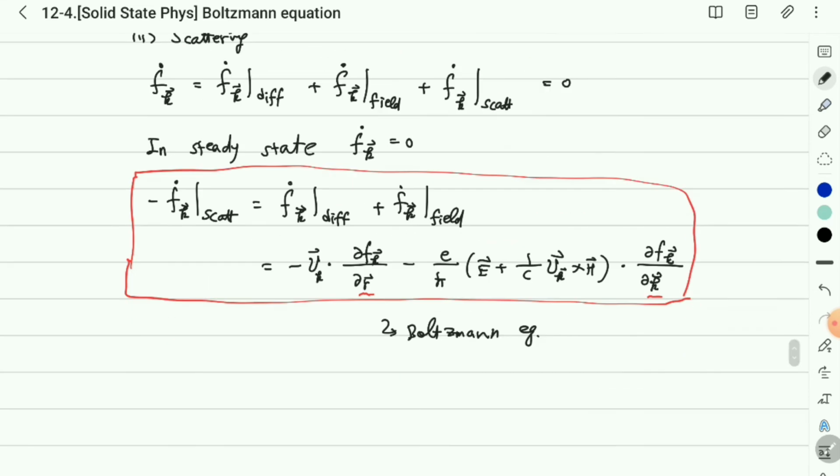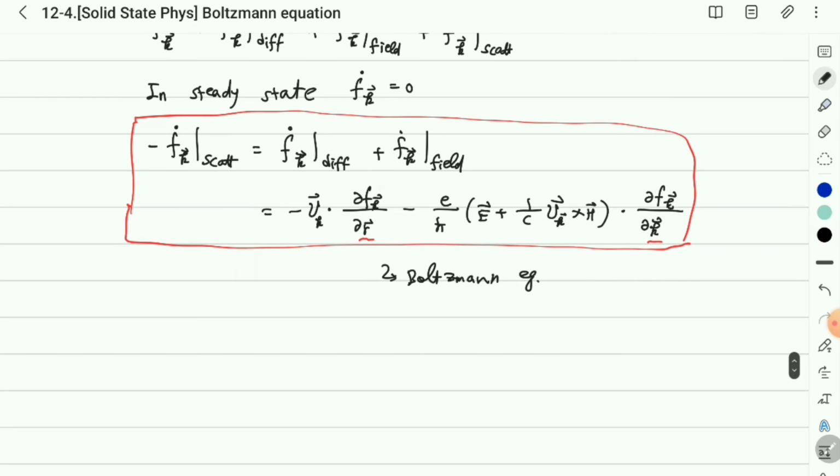Here, as I said, the electrons follow the Fermi-Dirac distribution function. Therefore, it is 1 over exponential of beta times (epsilon_k minus mu) plus 1, where beta is the reciprocal temperature and mu is the chemical potential.